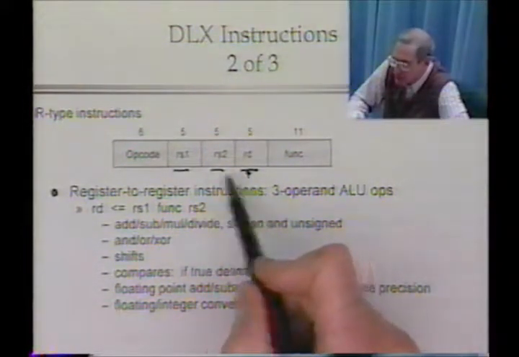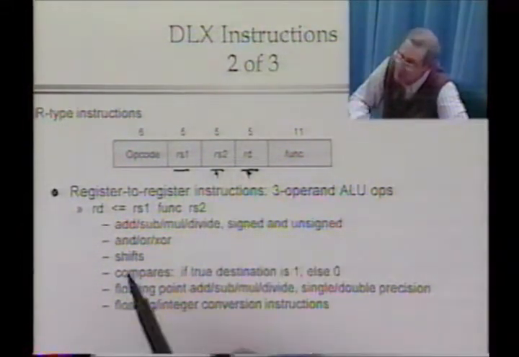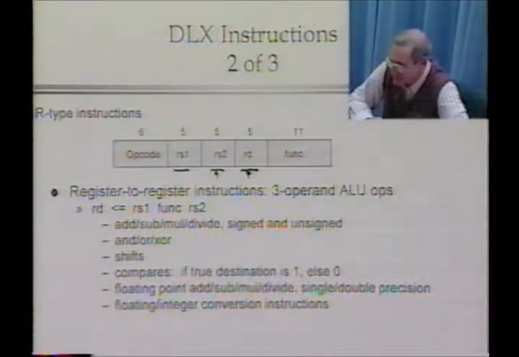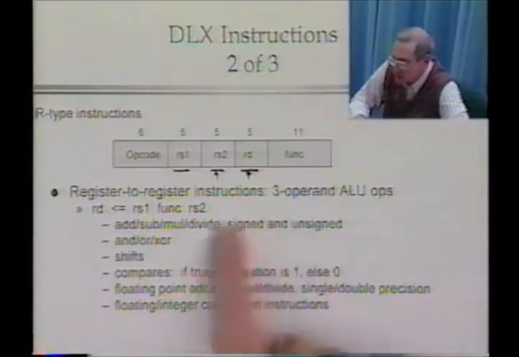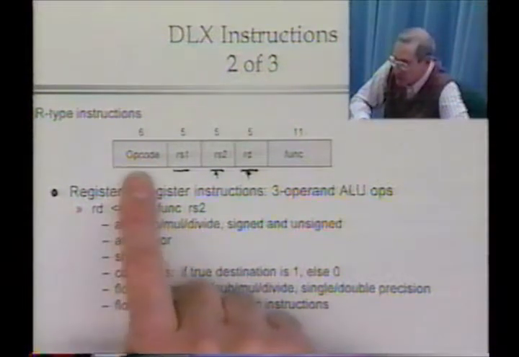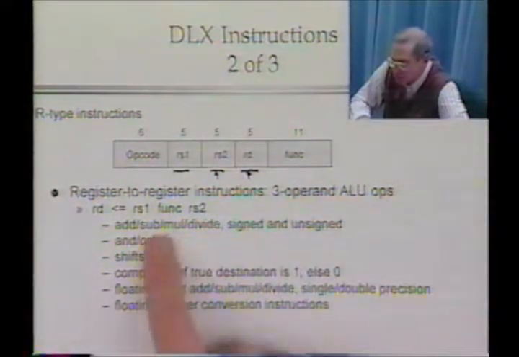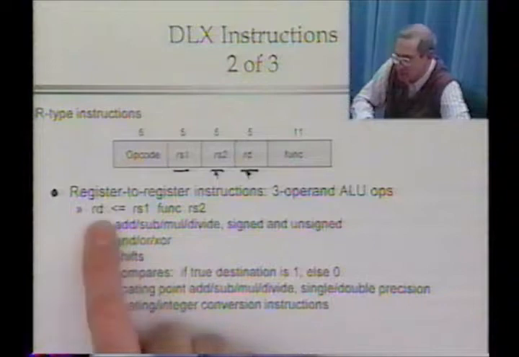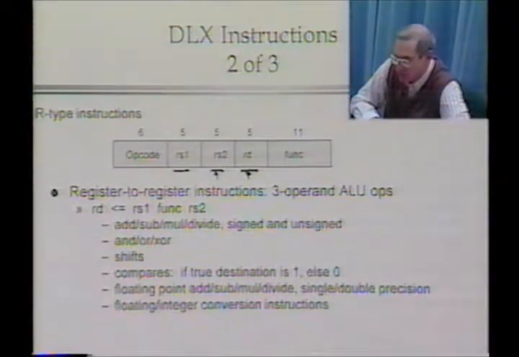And it can't be here for a reason which we'll see in about a week, having to do with the way the pipeline instruction set works. So these take a function specified as a combination of opcode and these 11 bits and perform that function on the two registers and produce the result in the destination register.